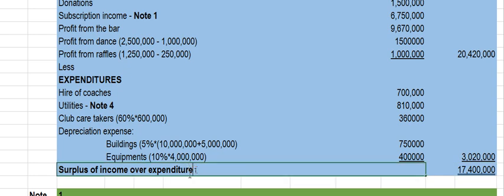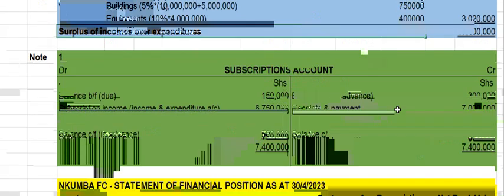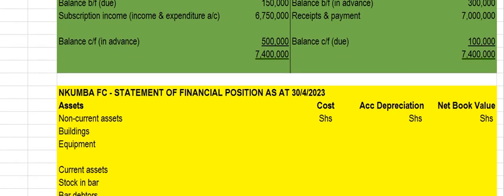That is 17,400,000. We don't call it net profit. So if the incomes exceed the expenditures, then it's called a surplus of incomes over expenditures. What next? We have to come up with a statement of financial position very fast.